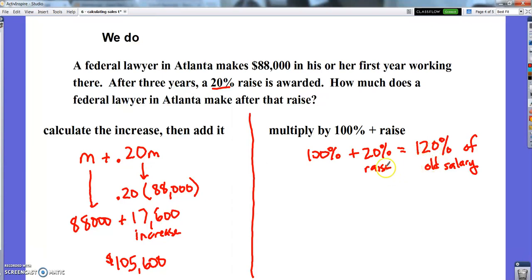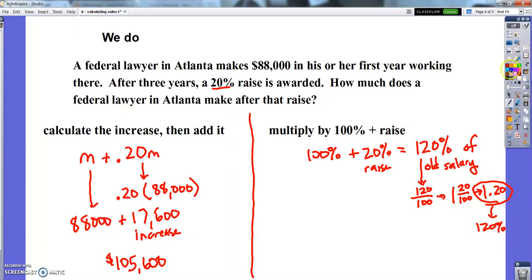So if I take 120%, I need to make it into a decimal to multiply it easily. That's 120 out of 100, which is 1 and 20 hundredths. So a percent over 100, you get a decimal like this, 1 and 20 hundredths. That's the same as 120%. I did all that math for that.